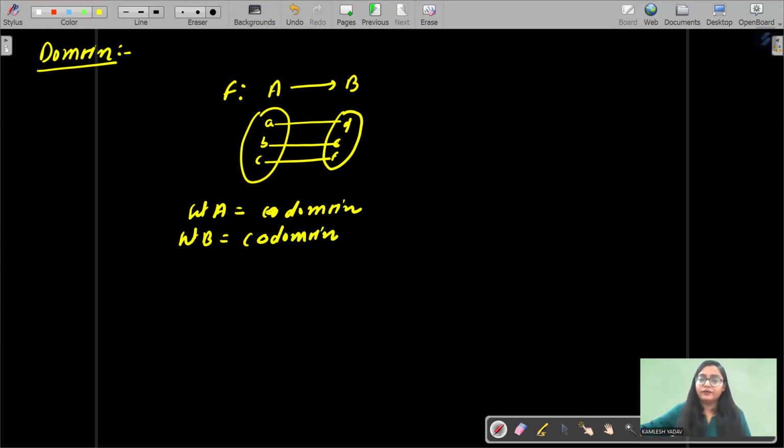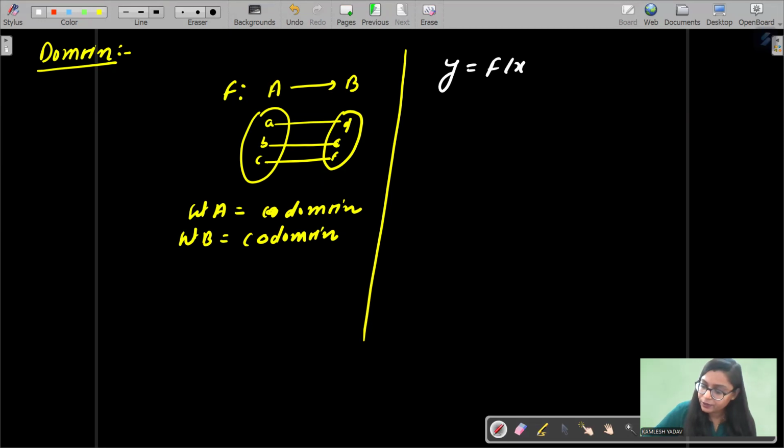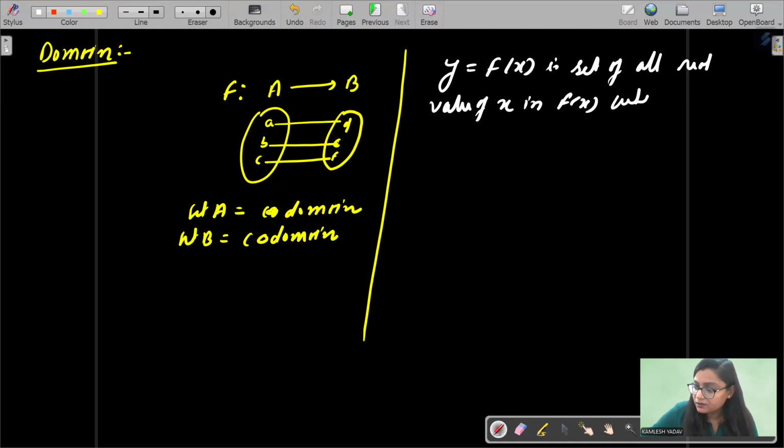But in graphical form, how to find the domain? For any curve y equal to f(x), the set of all real values of x in f(x) is called the domain.